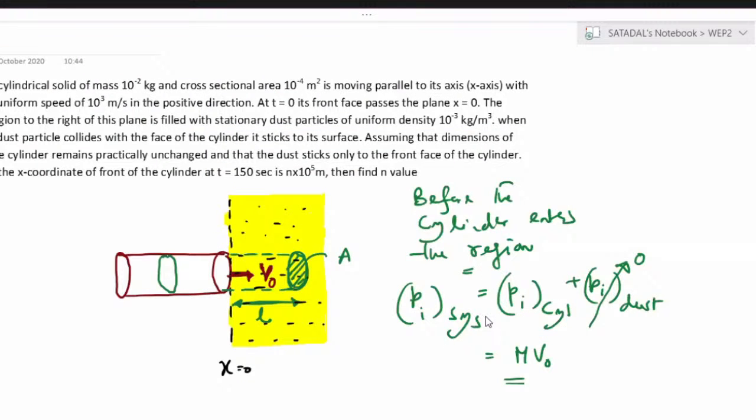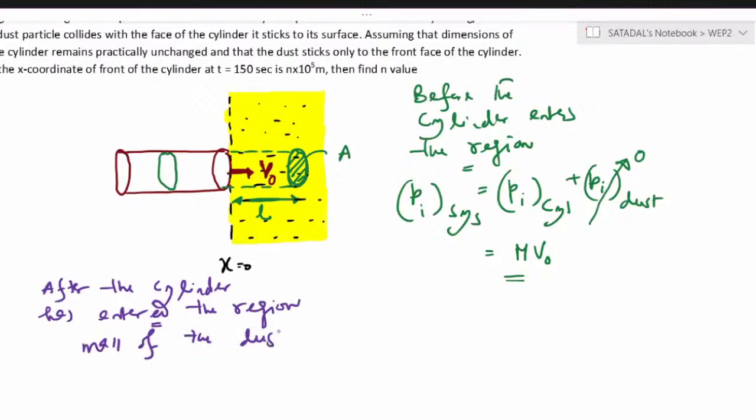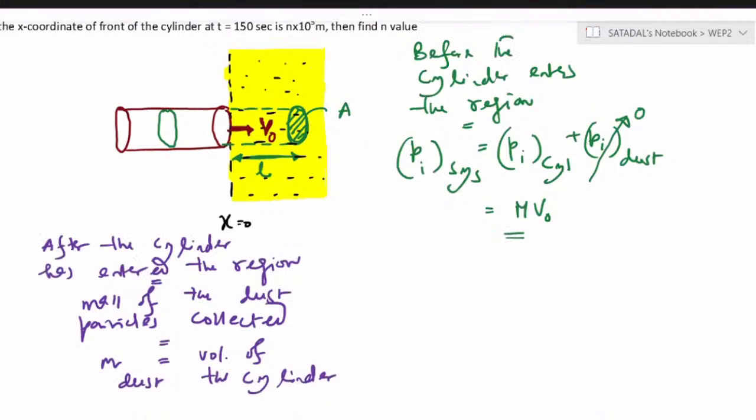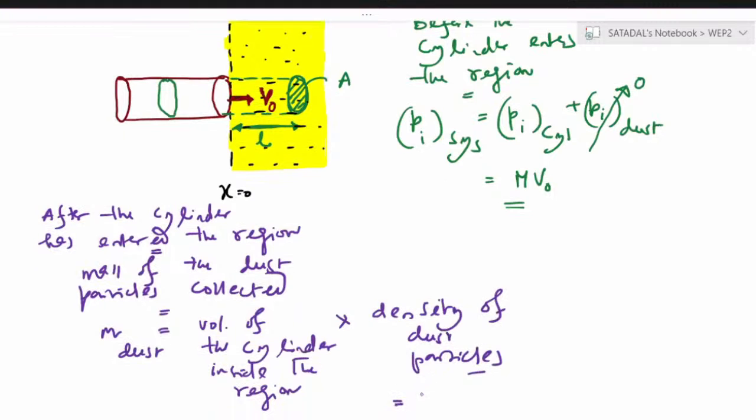Now after the cylinder has entered the region, the mass of the dust particles collected will be equal to M dust, which is the volume of the cylinder inside the region times the density of dust particles.